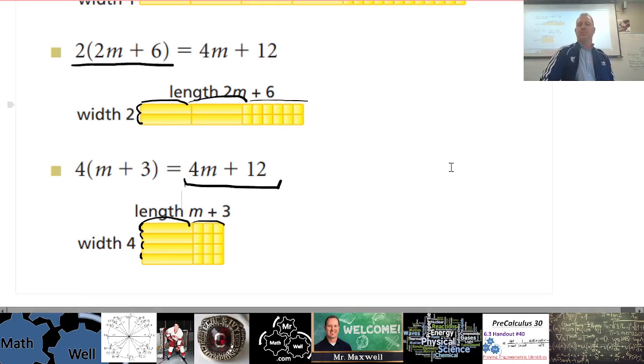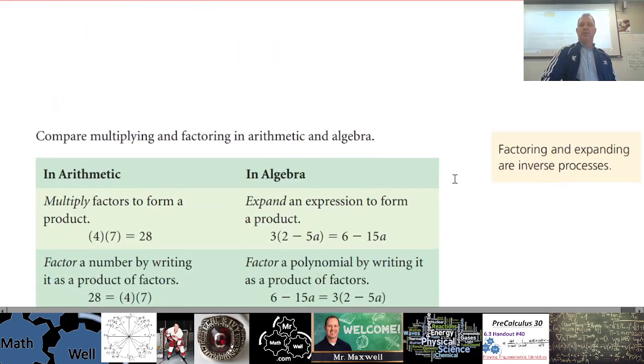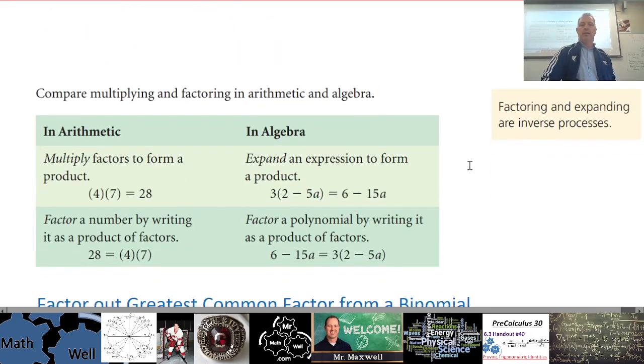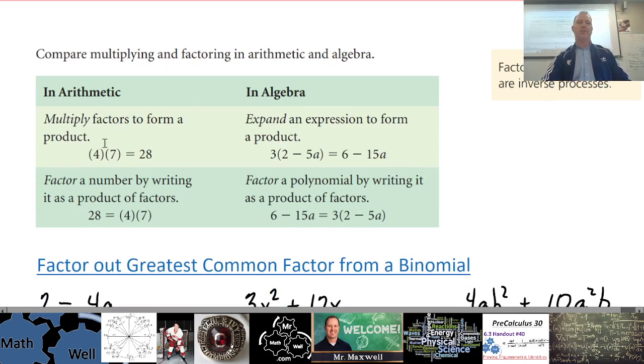Okay? Now, consider this. Compare multiplying and factoring. We know what multiplying is in arithmetic form. If you have 4 times 7, that's multiplying. 4 times 7 is 28. That's 4 groups of 7, 28.